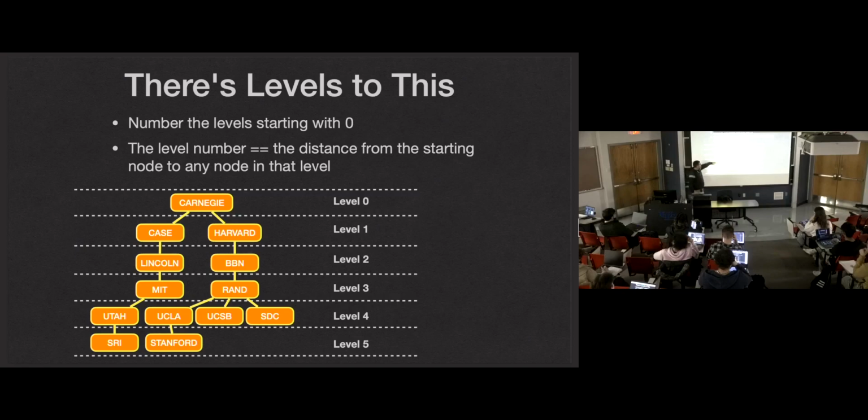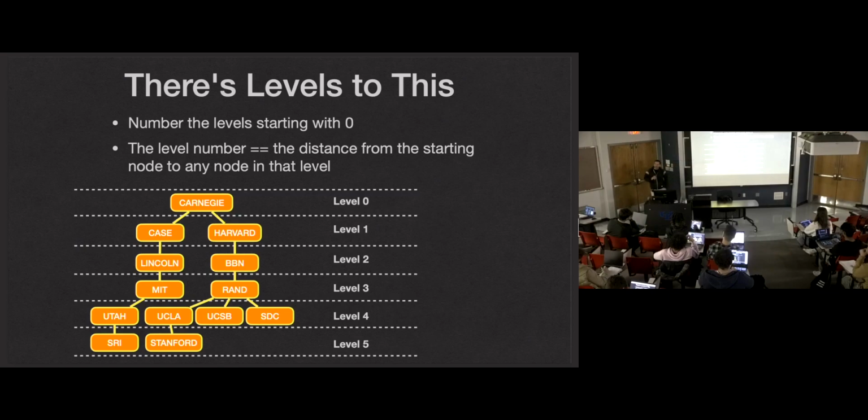So these nodes at level 3, MIT and Rand, have distance 3 from Carnegie, and these edges that we traveled to get there are always going to be a shortest path between the starting node and that node. So this path here to Stanford is a shortest path from Carnegie to Stanford.